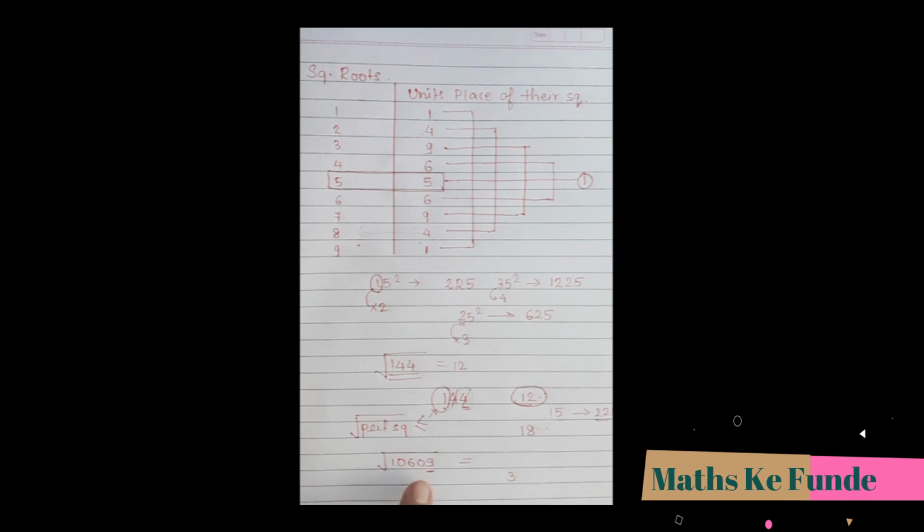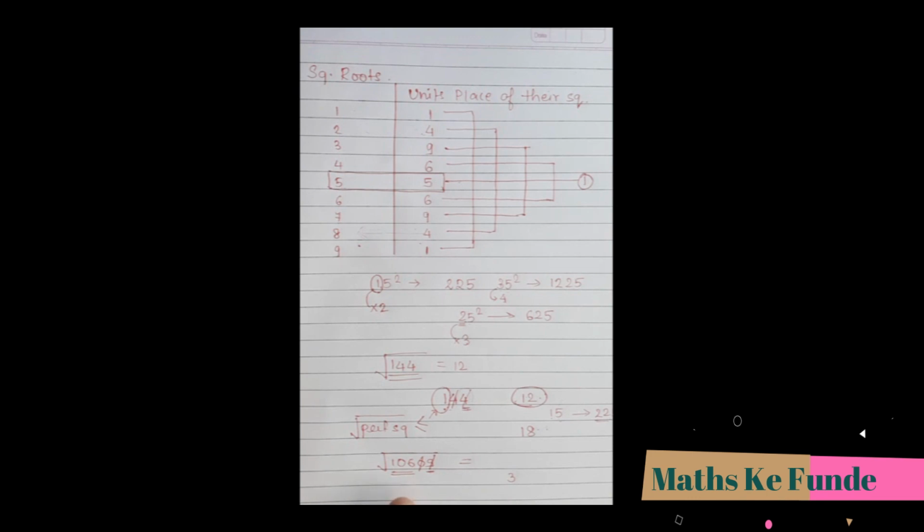Now second step, we will cancel out two digits from the given square. So 0 and 9 is gone. Then further, I need to look at the number which is left. Now I am left with 106. So first of all, we'll look for a perfect square less than or equal to 106. The perfect square of 10 is 100.